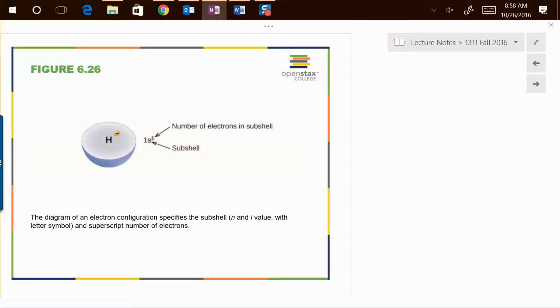Okay. So sometimes you'll see electron configurations actually written with values of N and L instead of their actual numbers, 1s, 1. This is so much nicer, but these values can also be represented.